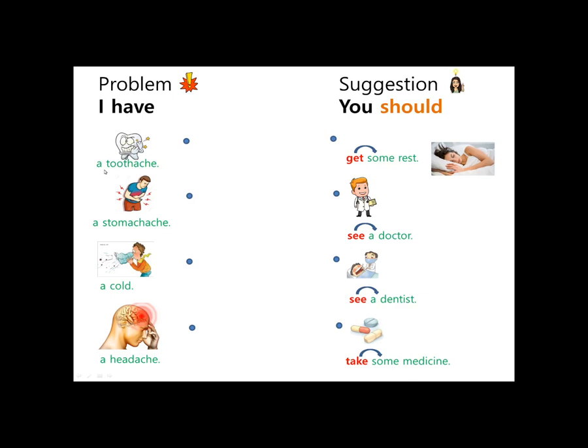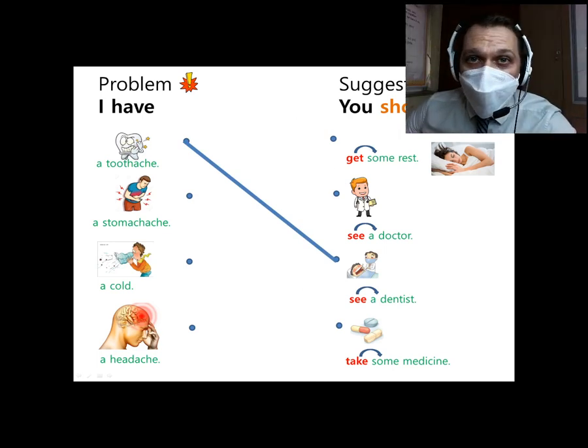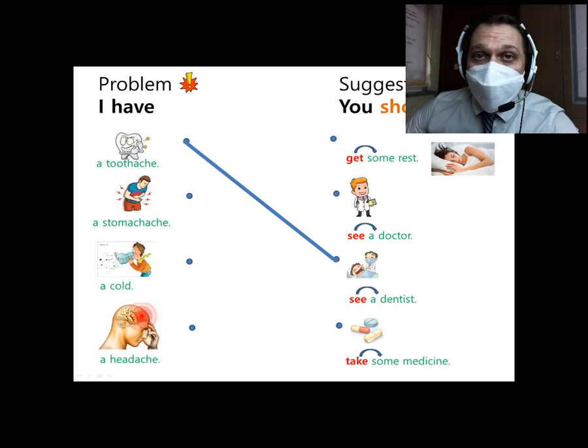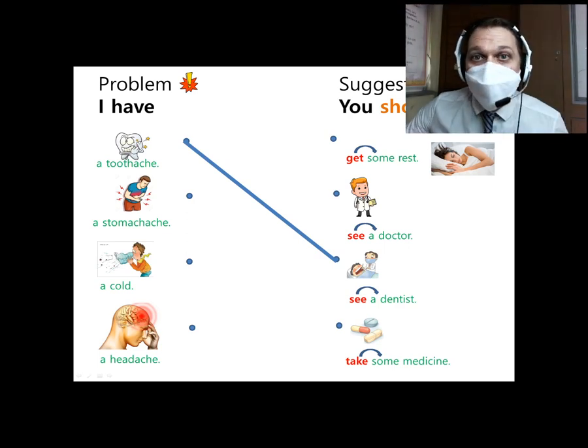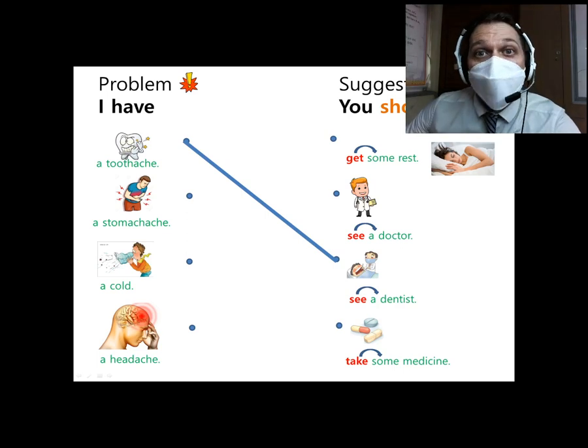I have a toothache. Okay, and you should see a dentist. Great. Okay, so pause your video, read the sentences, and try to match them together in your head. And when you finish, play the video and let's check.